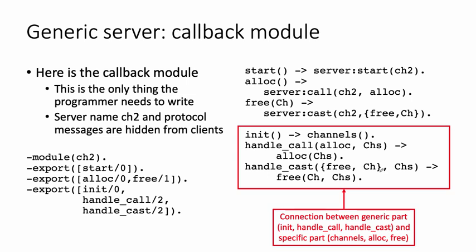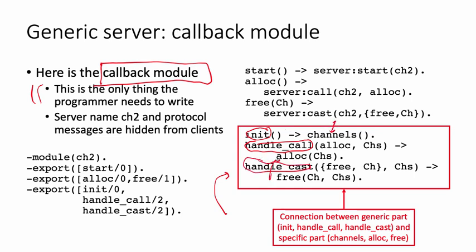So here's the filling in. This is called the callback module. So to make it specific, I have to define a callback module. This is the only thing the programmer needs to write. So the generic server is already in the system. So here in the red box is the connection between these generic things and the actual calls I need to do.